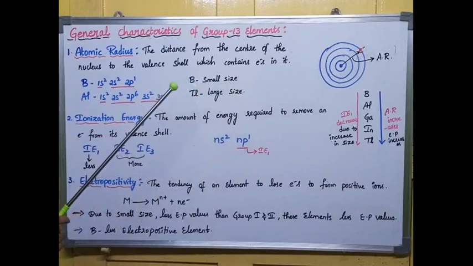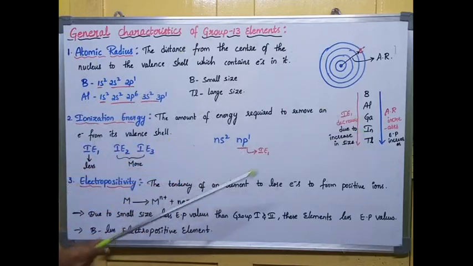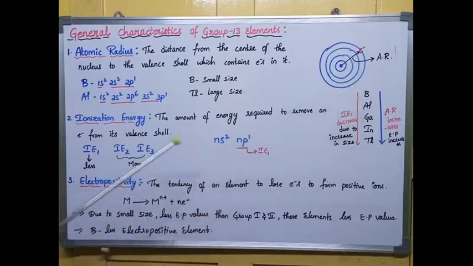If we observe these group 13 elements, boron, aluminium, gallium, indium and thallium, from top to bottom, atomic radius will increase. Why does atomic radius increase in any group?